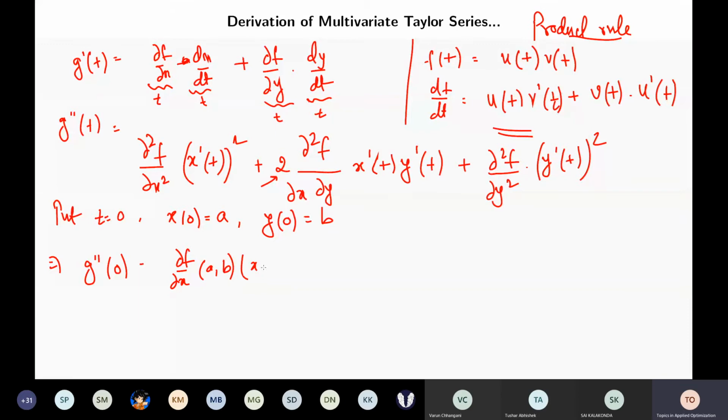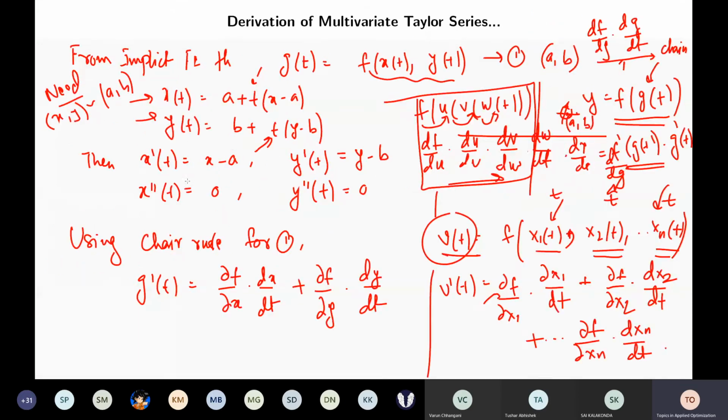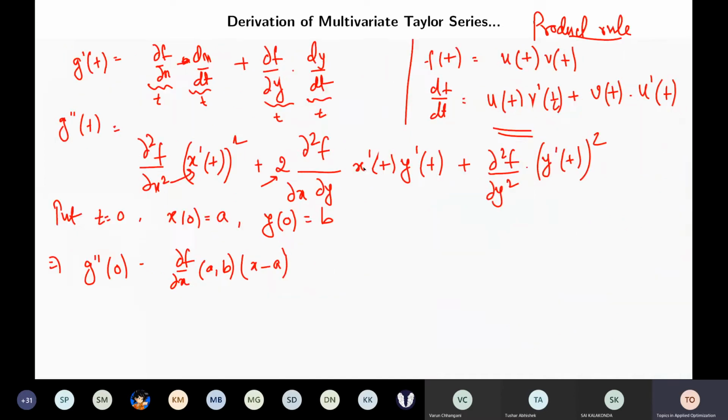And then we have x minus a, because the derivative x prime of t was x minus a and y prime of t was y minus b. Actually, it has no dependence on t. So even at t equals 0, x prime still remains x minus a, and y prime still remains y minus b. So this is x minus a, and then plus del f by del y and y minus b.